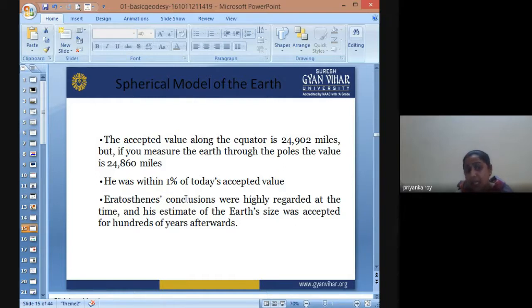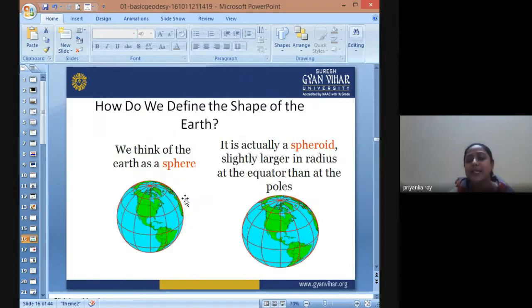That means there is about 1% variation from today's accepted circumference. So Eratosthenes was highly regarded at that time, and his estimation of the Earth's size was accepted for hundreds of years.